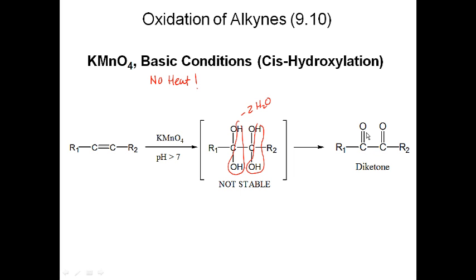So this is a new reaction that's different than what we had for alkenes. The first step isn't new. We just added 2 sets of OHs to the triple bond, but then the decomposition to form the diketone is a new step. So you have to remember that this goes all the way to that.